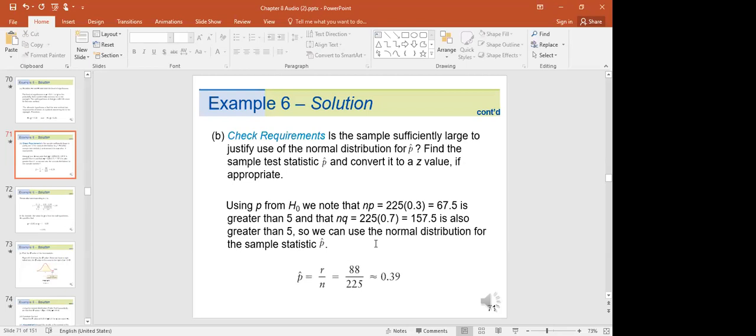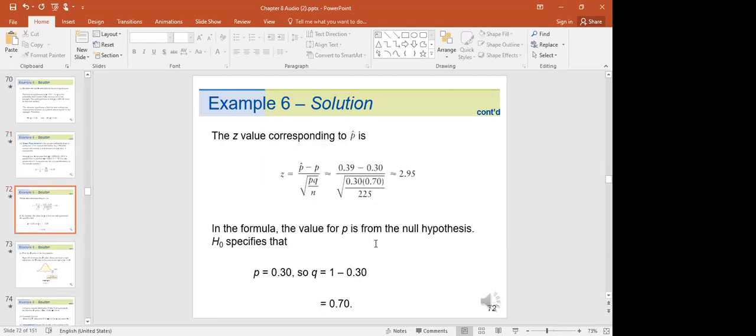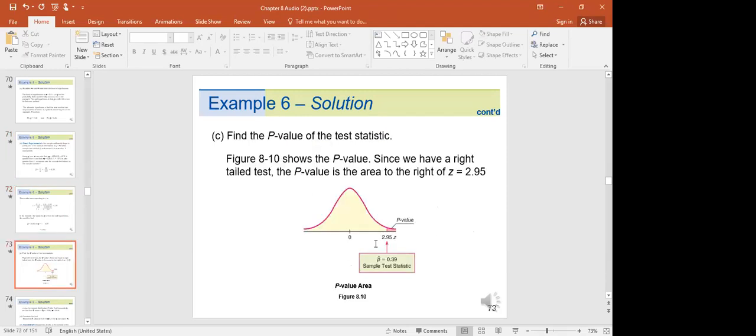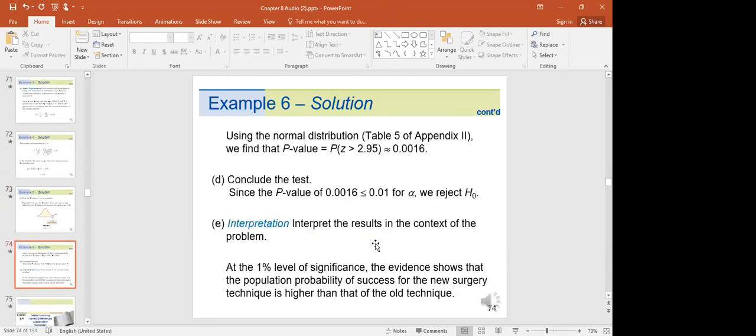You're welcome. So we go down, we have the Z equals 2.95. As I told you, the calculator is more exact than when you are doing it manually. And then the p-value is 0.014. And if you are reading the table, it's 0.016. Don't worry about those slight differences because the table is fixed.